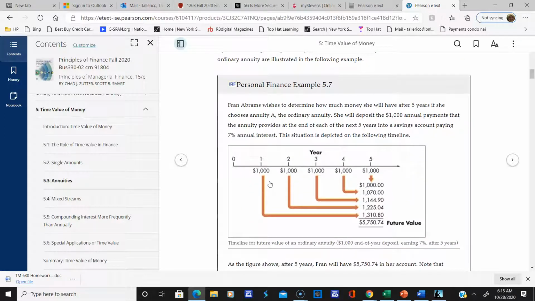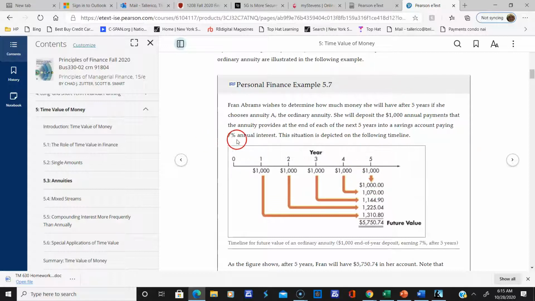All right, so here's a personal finance example, and it's important to look at this. Now, this person is putting in $1,000 a year for 5 years. It's simplified, right? $1,000 a year for 5 years. This is the end of the year, so this doesn't grow, right? And this will be 1 year. It'll grow, and it's at 7%, right?